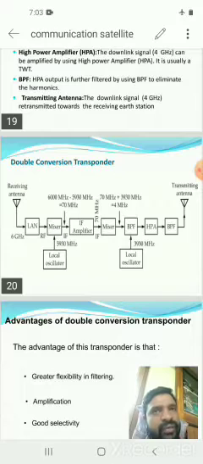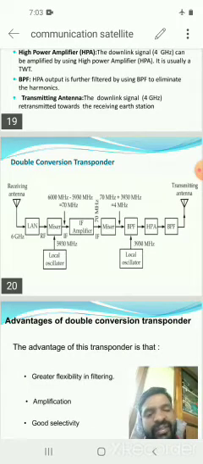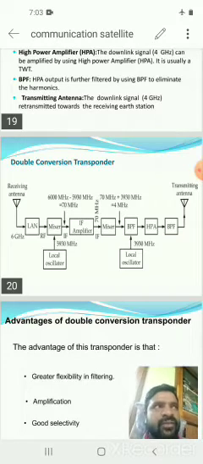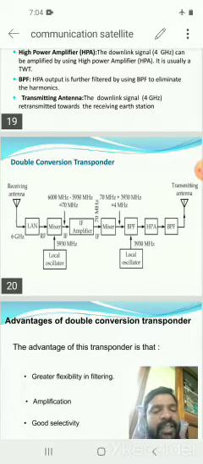Local oscillators are used for generating high frequency signals. Here the mixer 2 output is in the 4 GHz range. These signals contain some harmonics and unwanted signals, which are eliminated by the band pass filter. The band pass filter output is given to the high power amplifier.